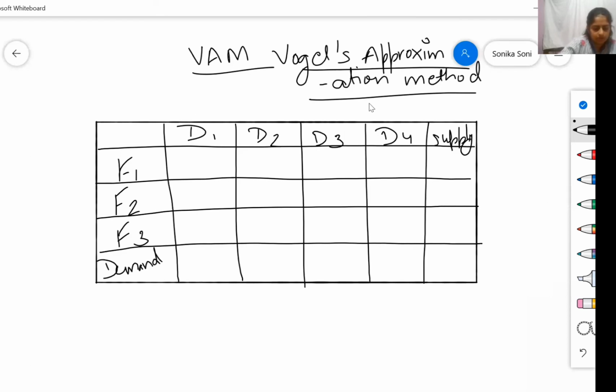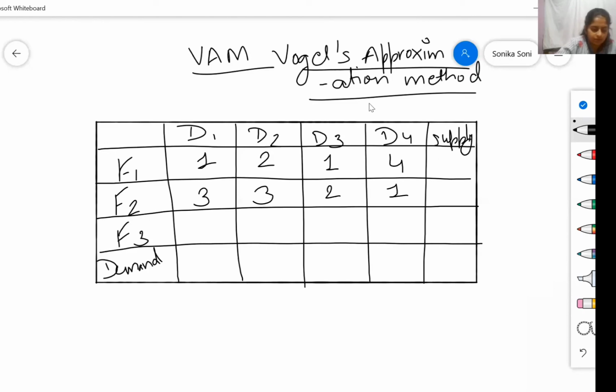The costs are: for F1, D1 is 1, D2 is 2, D3 is 1, and D4 is 4. For F2, D1 is 3, D2 is 3, D3 is 2, D4 is 1.